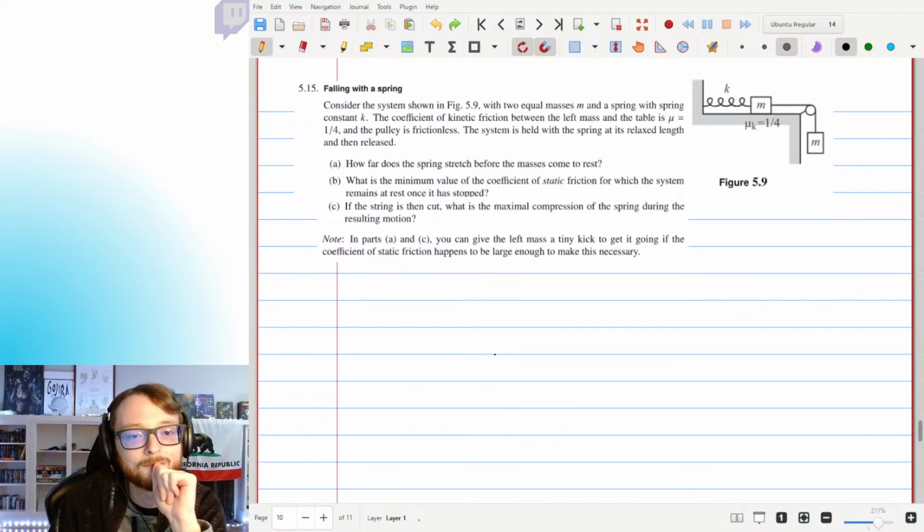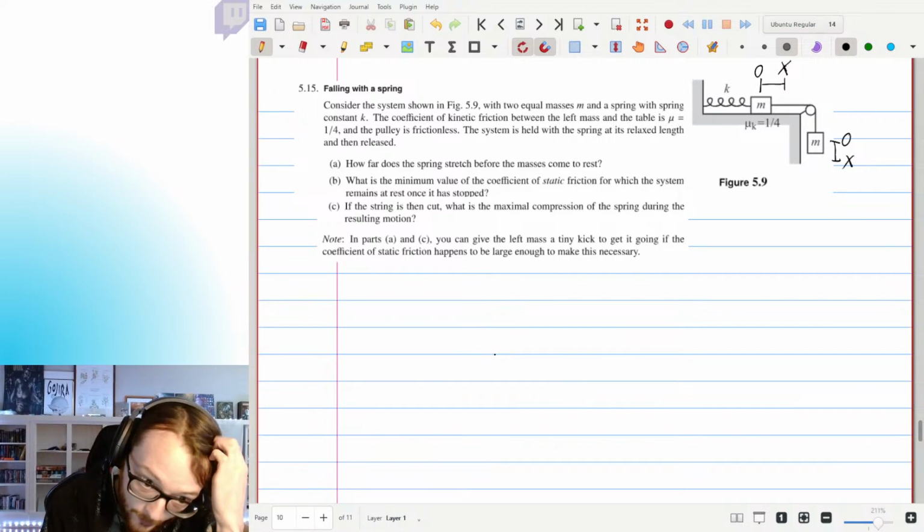But I guess it's going to stretch a length x. The spring will, and the mass down there has to have the same displacement.